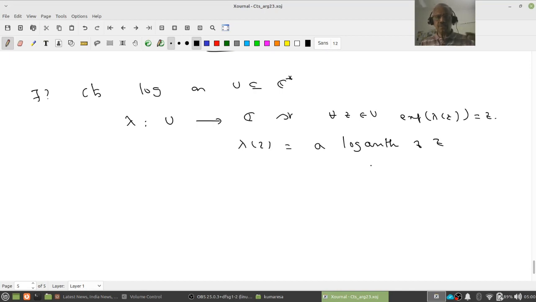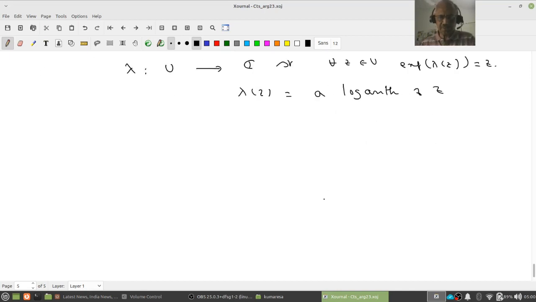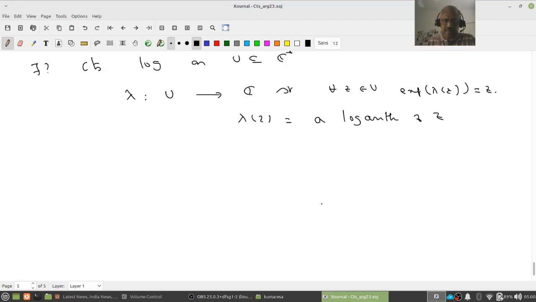So what do I want? This map z going to lambda z must be continuous. But just now we saw something very interesting: any logarithm lambda of z must also be ln of mod z plus i times theta of z, where theta of z is an argument.